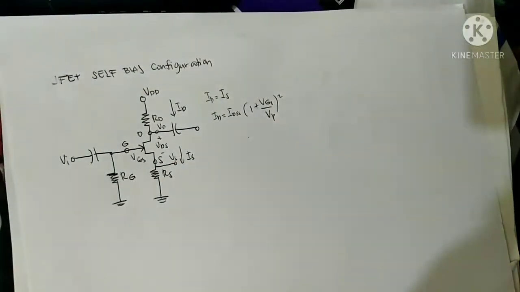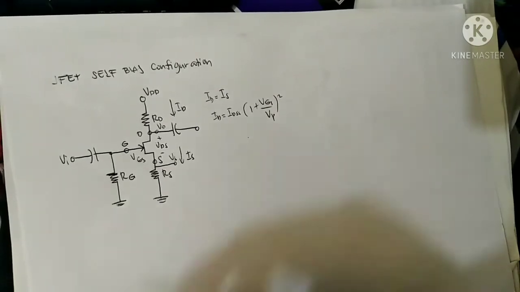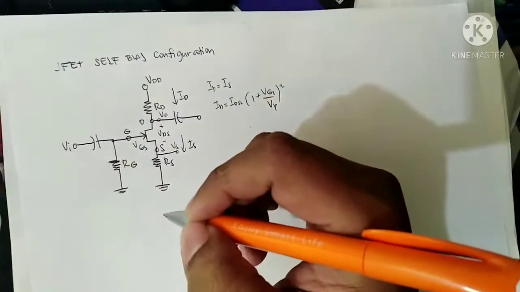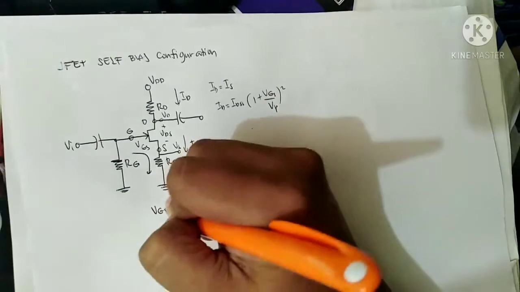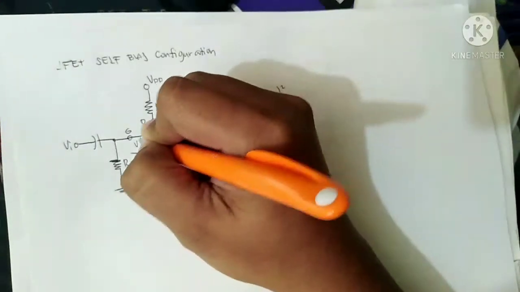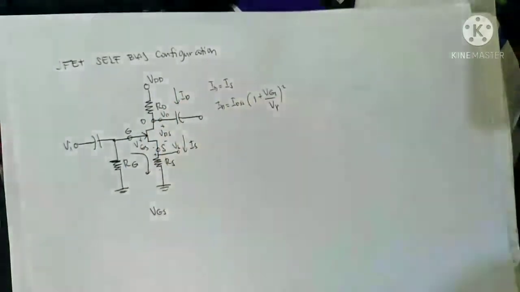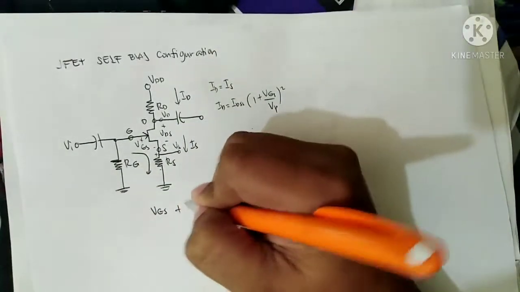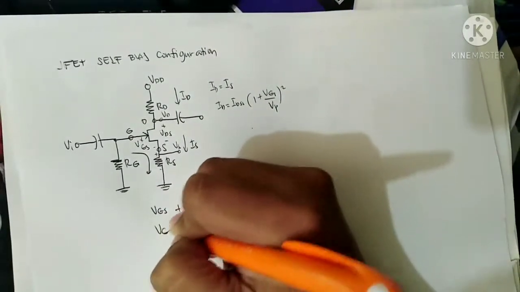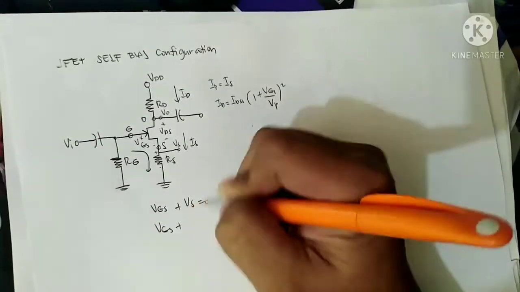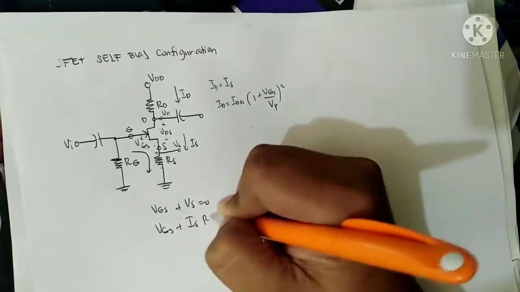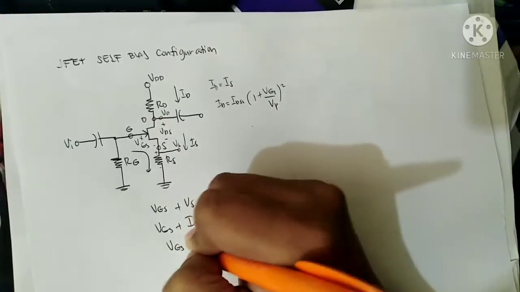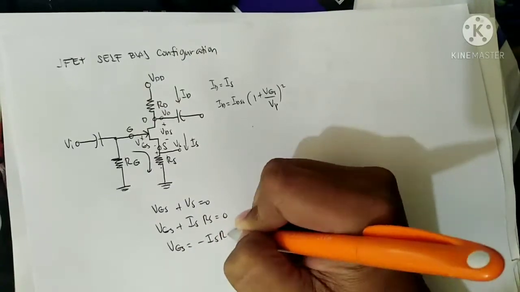VGS. Same as with the fixed bias configuration, we want to short CRG. So therefore for VGS, this is plus minus, and VS is equal to IS RS, so VGS is equal to negative IS RS.